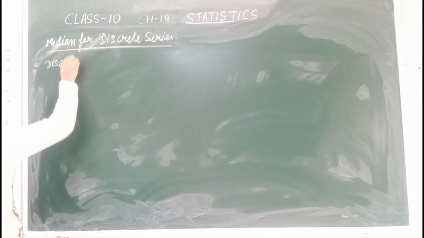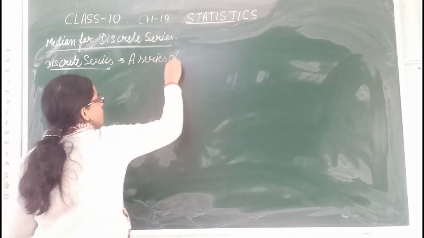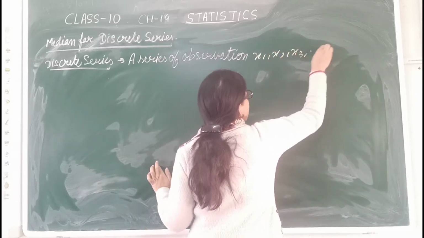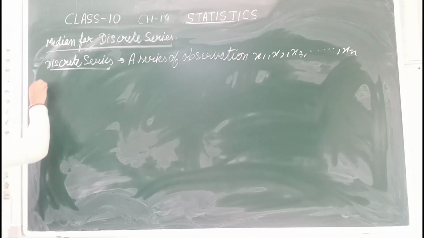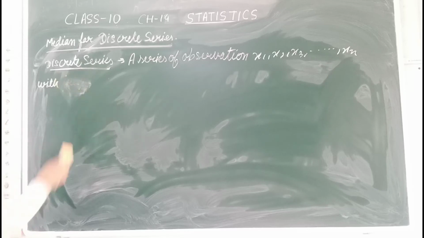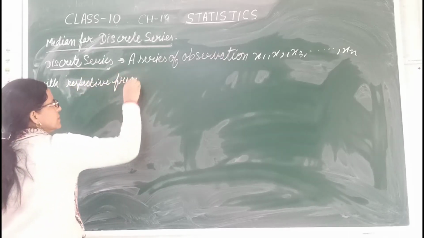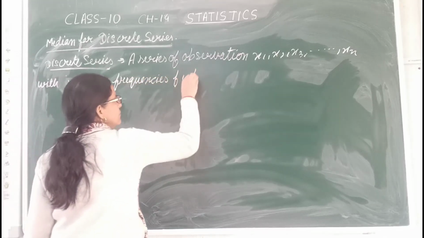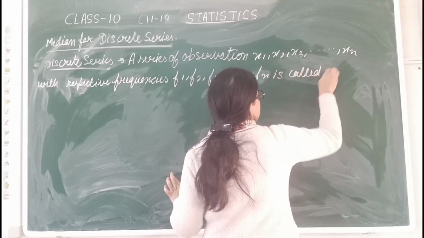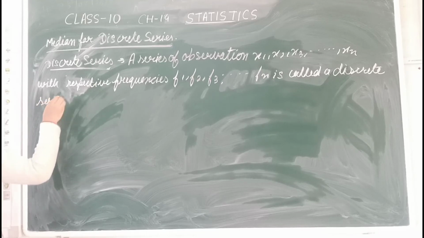A series of observations x1, x2, x3 and so on till xn with respective frequencies f1, f2, f3 and so on till fn is called a discrete series.